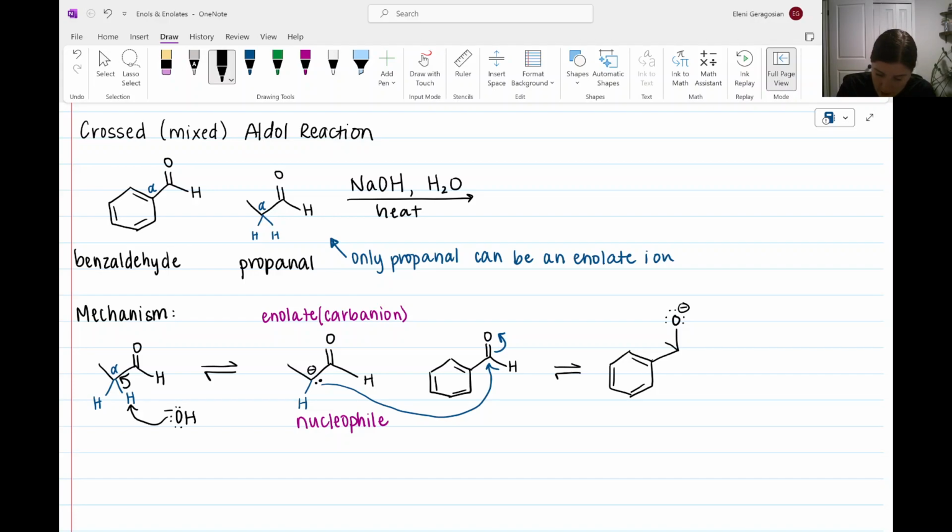I'm going to kind of draw it off to the side though. We have a new carbon-to-carbon bond. I'll emphasize that in green. So we have a new bond to a carbon atom, and that new bond is to this carbon. So that carbon is now bonded to a methyl group and the carbonyl. And a hydrogen, we'll put that off to the side.